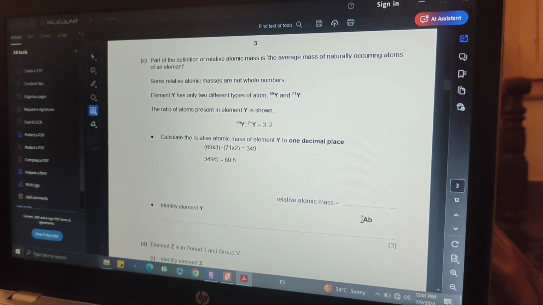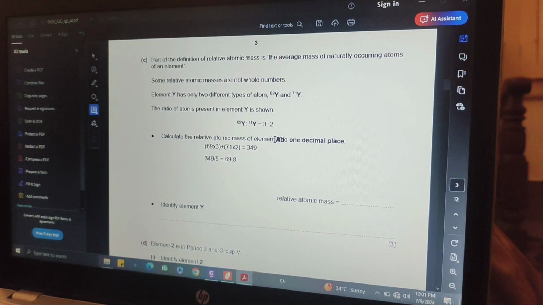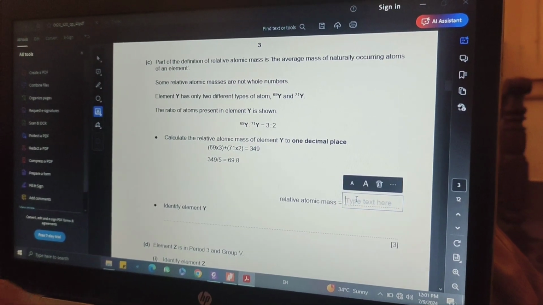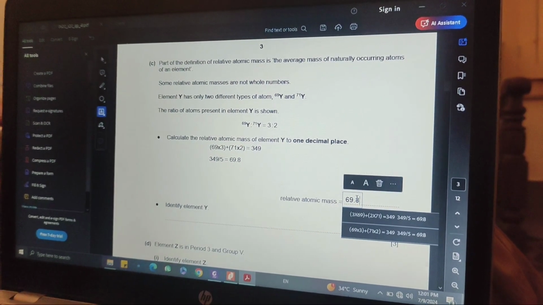So the answer, the relative atomic mass of Y to one decimal place, is 69.8.